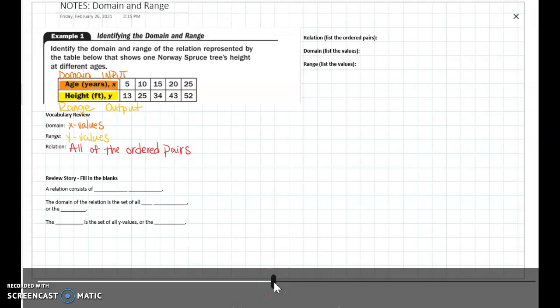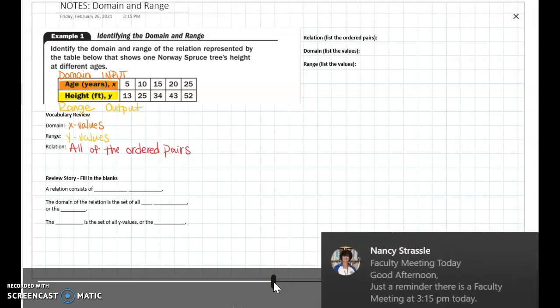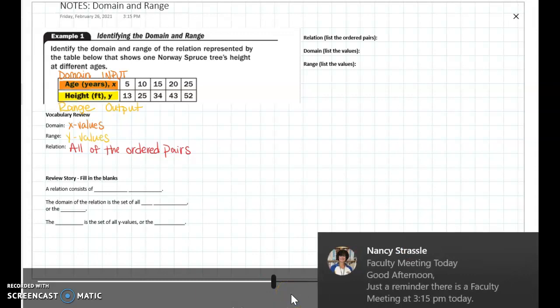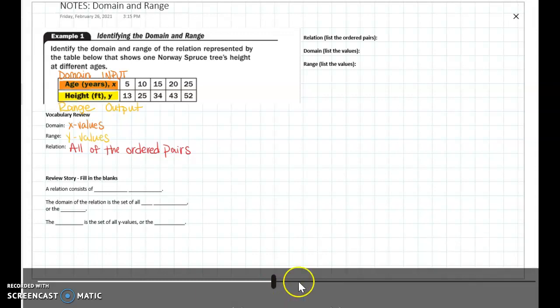Okay, let's see if you were right. If you're listing the relation, you're listing the ordered pairs in the relation. So you have to list all the ordered pairs. There are 5 ordered pairs in this relation. (5, 13), (10, 25), (15, 34). Oh, we went out of order here in class.